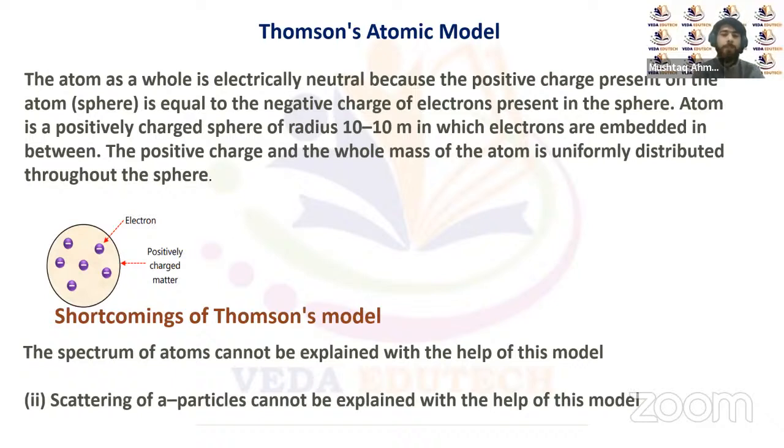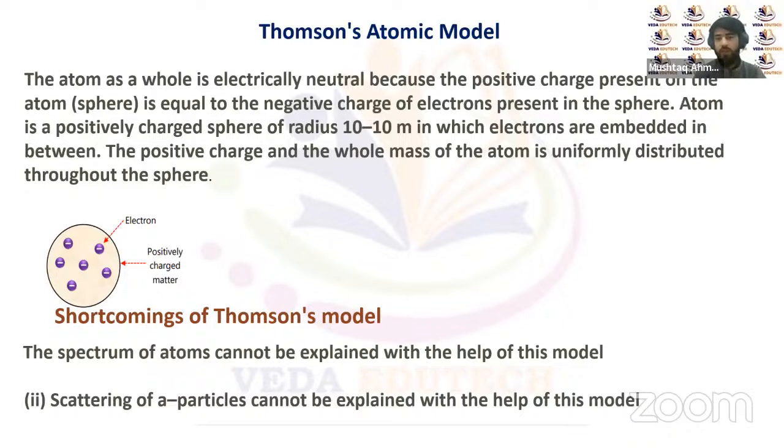So starting with the different models of the atom, the basic model was given by Thomson. It was a very simple model for the atom, in which he said that an atom consists of both negatively charged as well as positively charged matter. This positively charged matter is distributed like a sphere.